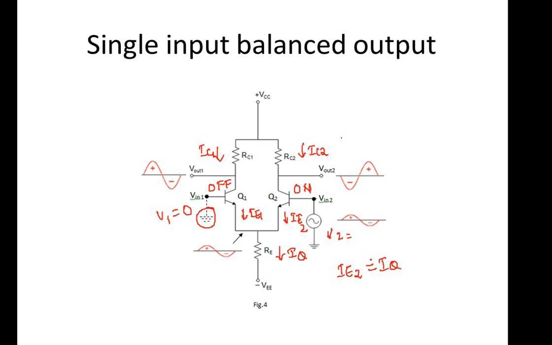Whatever analysis we did in the previous one, the same analysis we have to do here. So just I am writing. I am making the V1 value as 0, single input. So the Q1 transistor is in off condition.